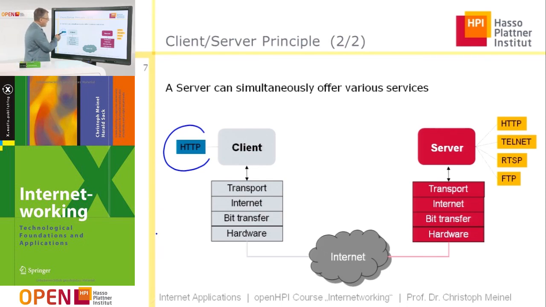Then this HTTP request has to be transported over the internet, so it has to be handed over to the transport layer, to the TCP protocol. The TCP protocol establishes a connection to the server by making use of the internet protocols and the concrete technologies, the concrete protocols of the local networks.